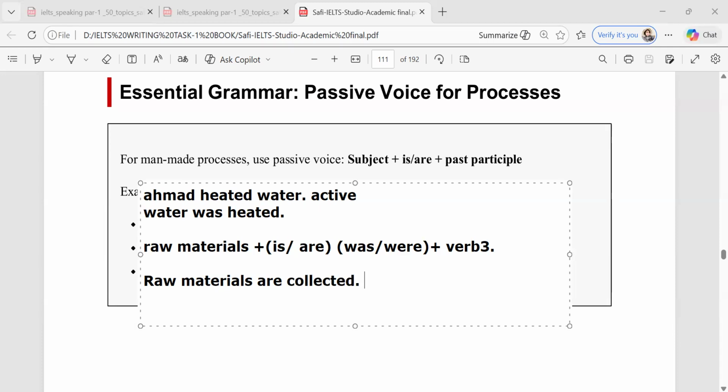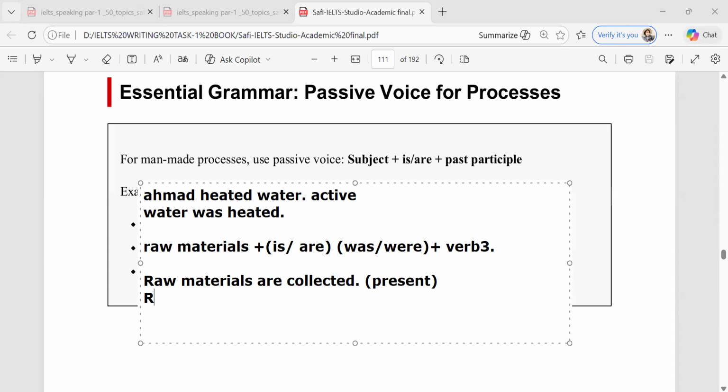We're not interested, but we are more interested in collecting raw materials. So we simply say raw materials are collected. This is present passive, because we have used the present form, are. Collected doesn't decide whether it's present or past, because in all passives and any of the tenses, we always use the third form of the verb. That's the present one. And the past can be, for example, raw materials were collected.